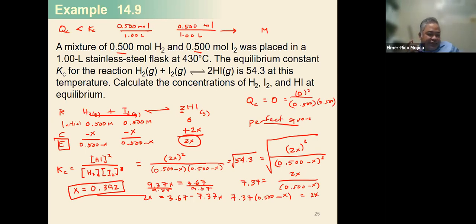Now we have the x, but this is not the final answer yet. The final answer for the HI is equal to 2 times x, or 2 times 0.392.